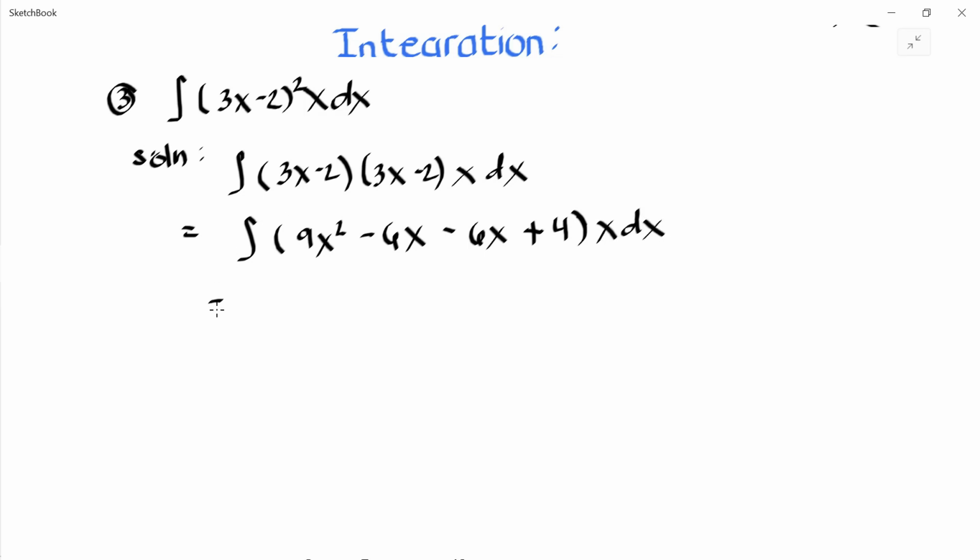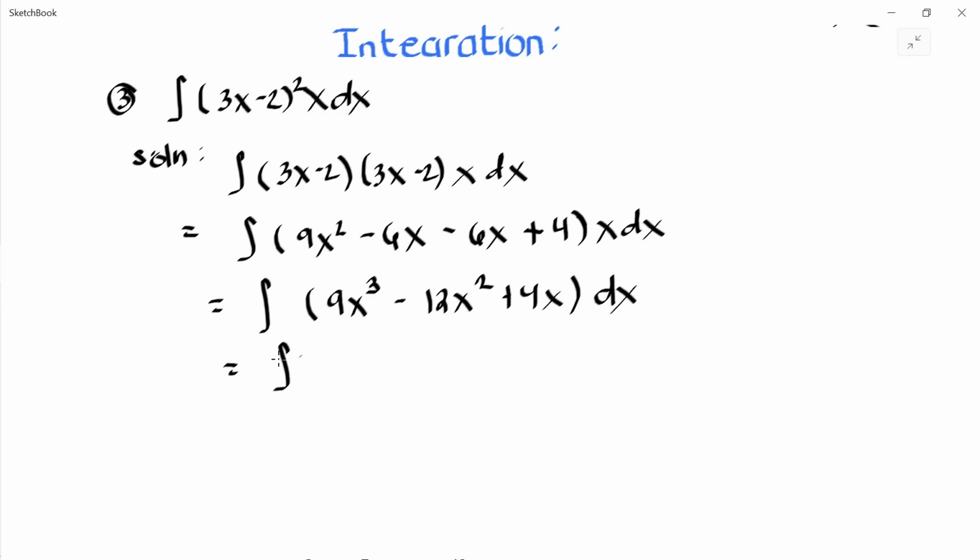4x dx is equals to the integrals of 9x cubed minus 12x squared plus 4x, because we distribute this x right inside.